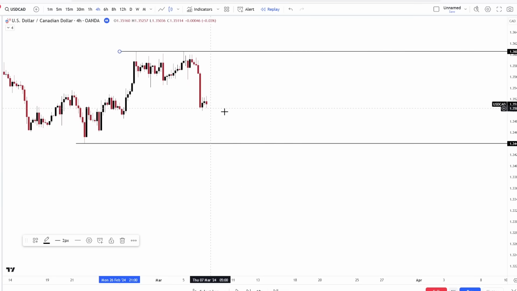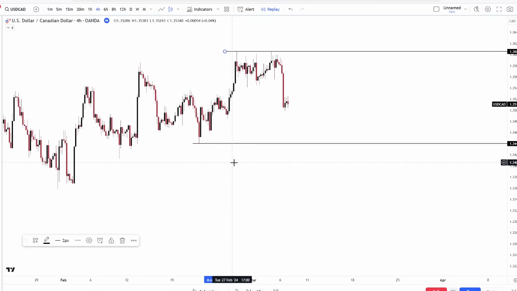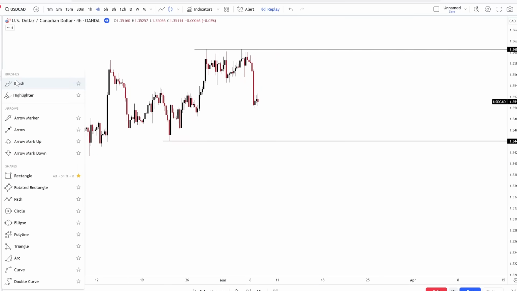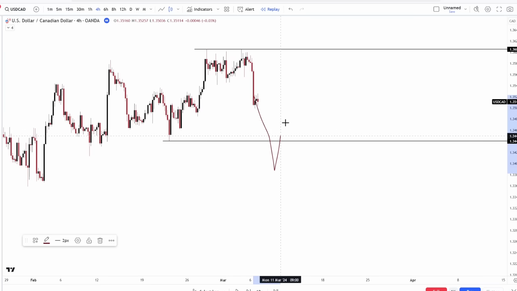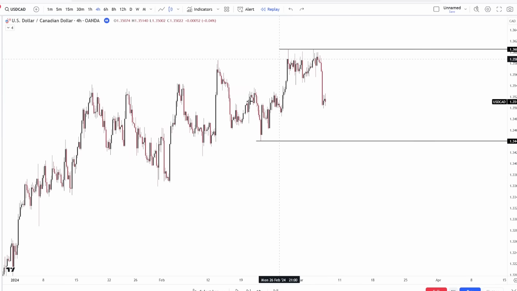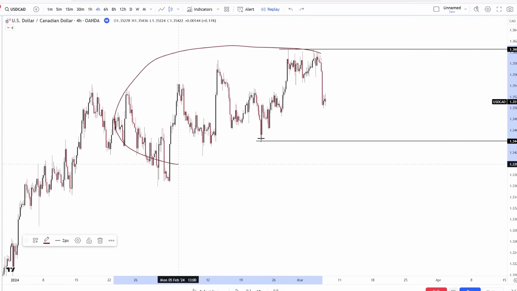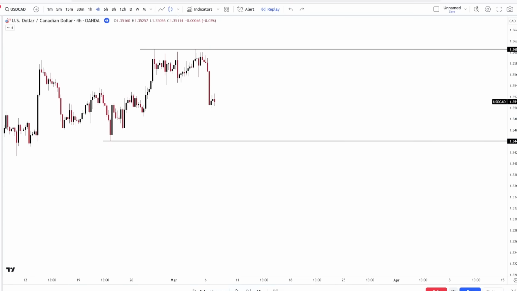So we're either waiting for a swing to form inside of here, or we're waiting for a major stop hunt, which would be price taking out this level. Price coming down here, taking out this level and continuing higher. And again, why are we doing this? Like I explained previously, because we're going along with the structure. We're going along with the market trend.